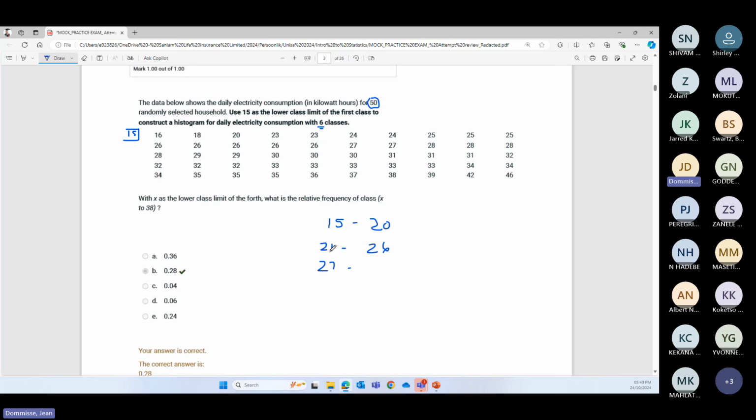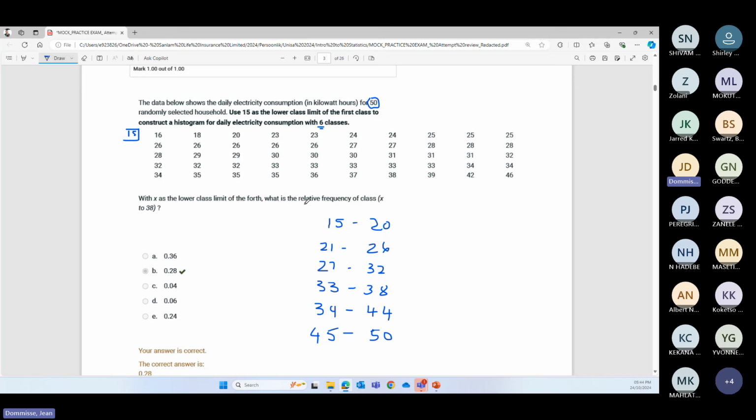I first just want to check it out. 21 to 26, 27 to around 52, 53 to 58, 59 to, what is that, 44, then 45 to 50. Let's see if that is 6 classes. 1, 2, 3, 4, 5, 6.